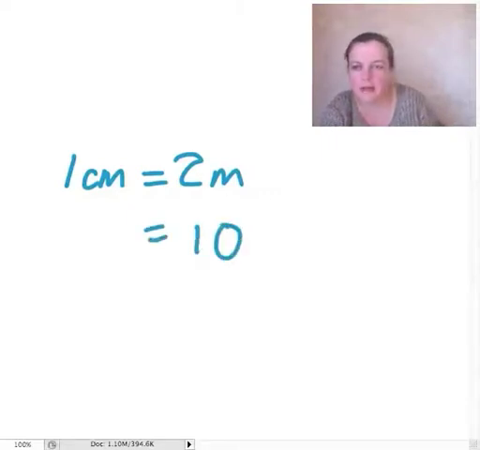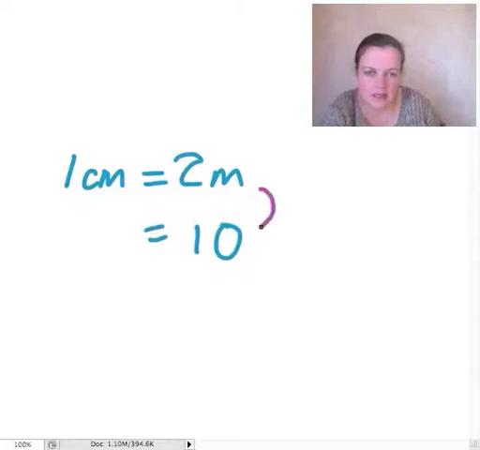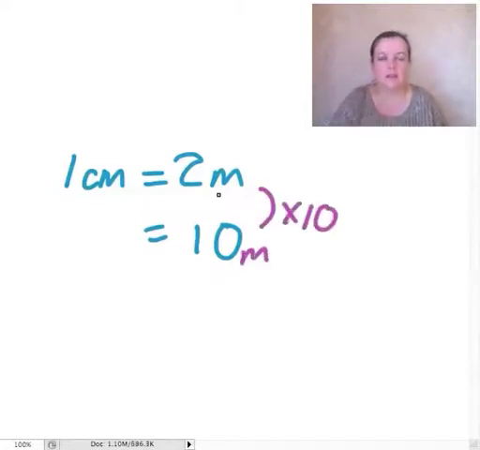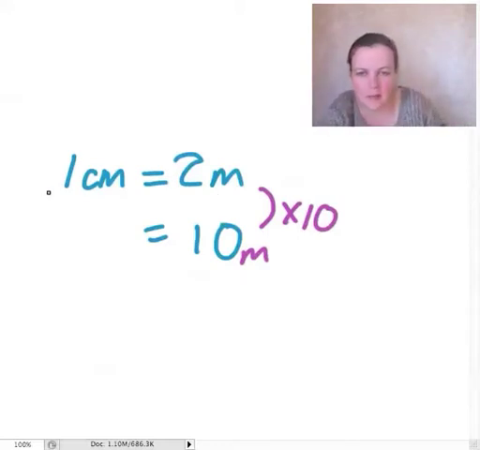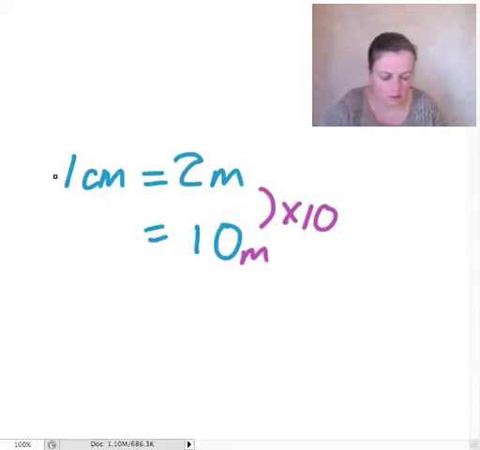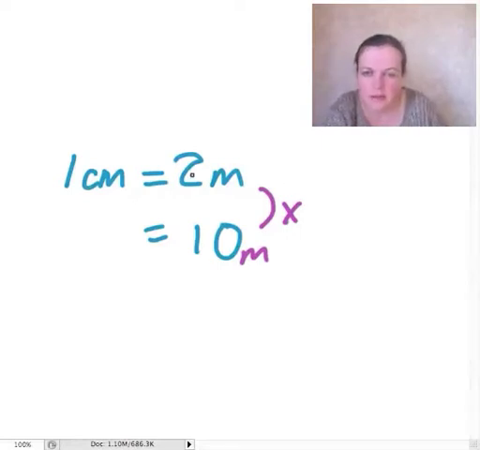So you have to multiply that side by, we didn't multiply it by 10, did we? We multiplied it by 5. So how do you get from 2 to 10? You multiply by 5.